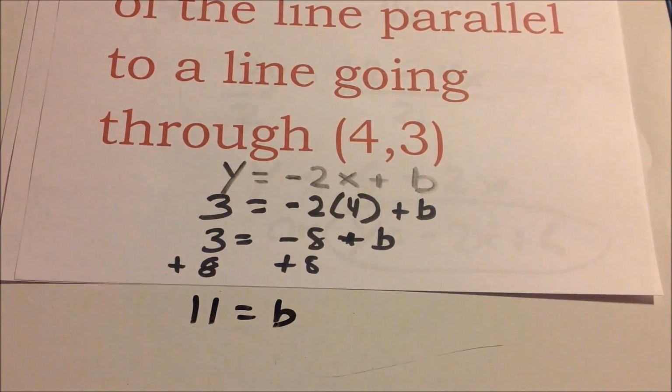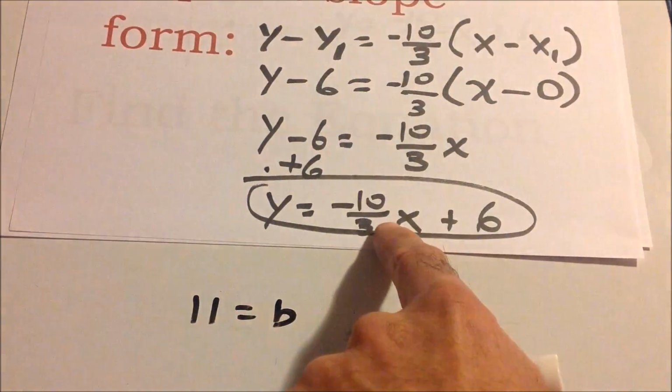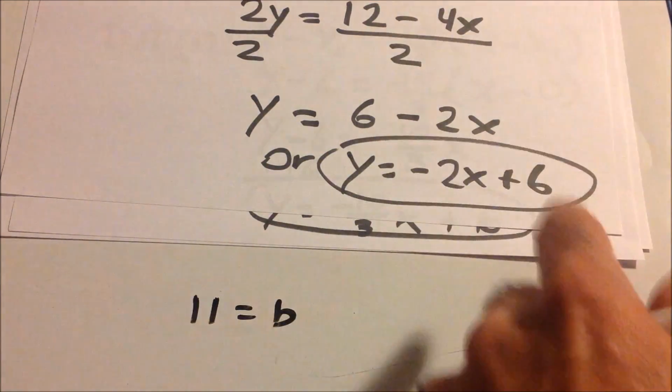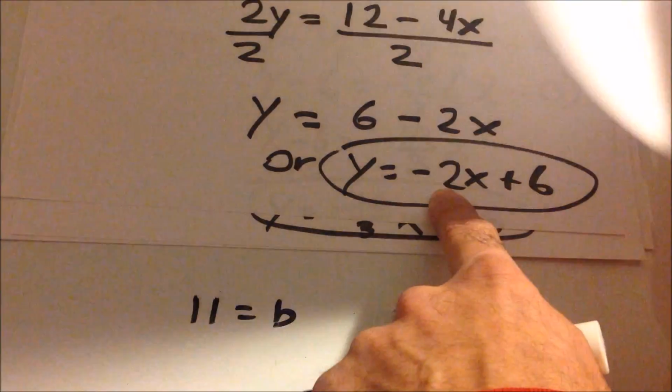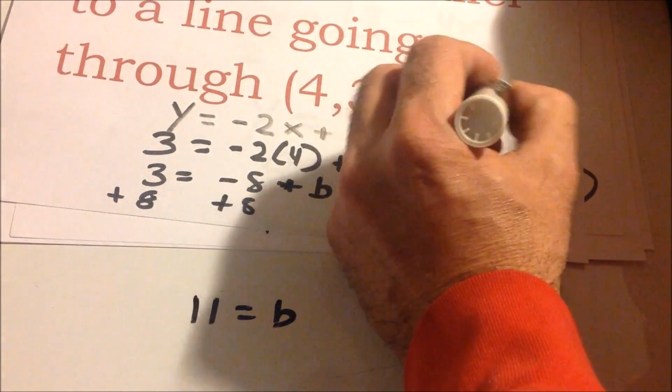So now we know the equation. This equation, of course, could be any equation, but we used this one. So what is parallel to this? Well, we're going to say y equals negative 2x plus 11.